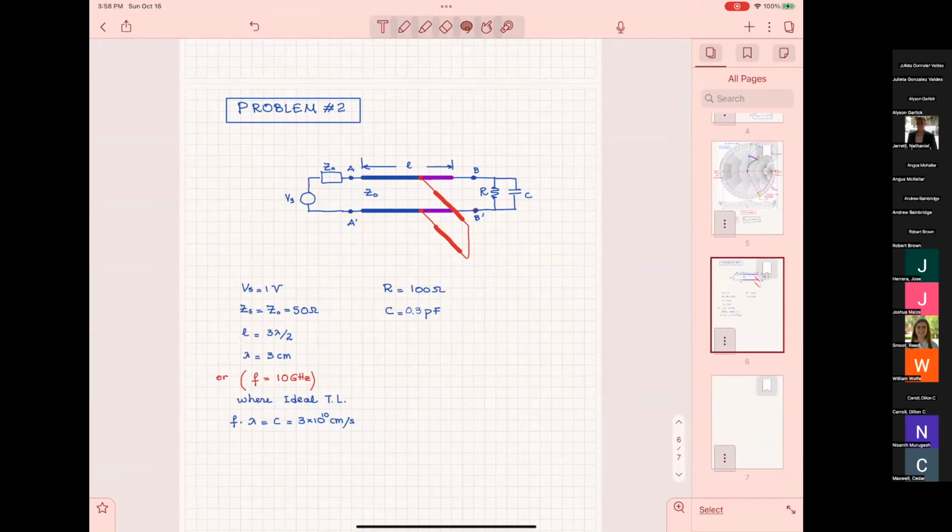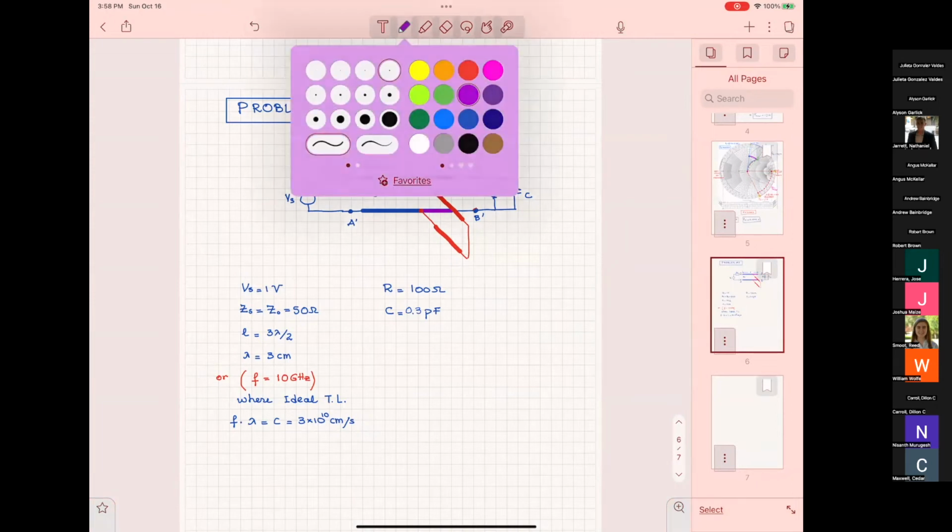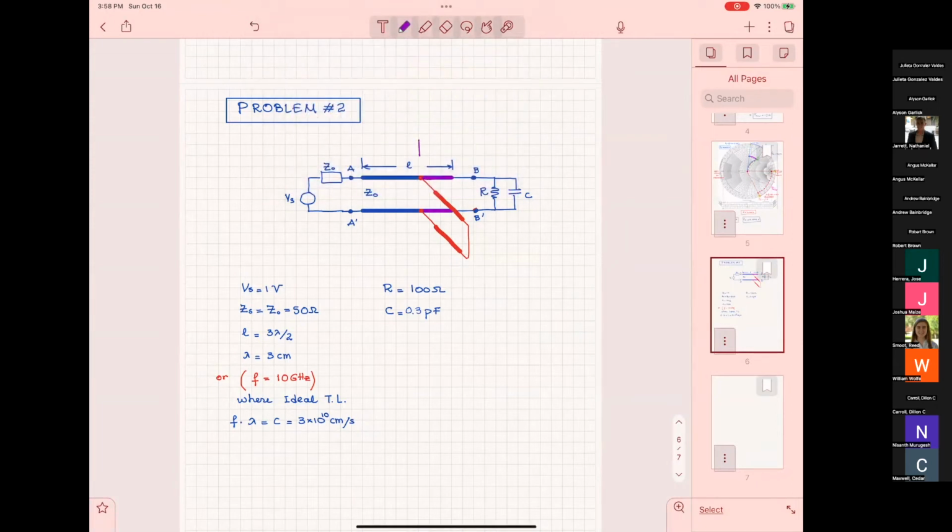And then I also give you that, what did I say? L is 3 lambda over 2. And then I give you that L sub S is this.